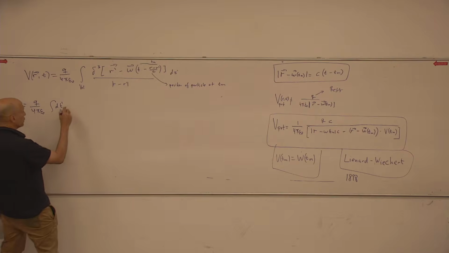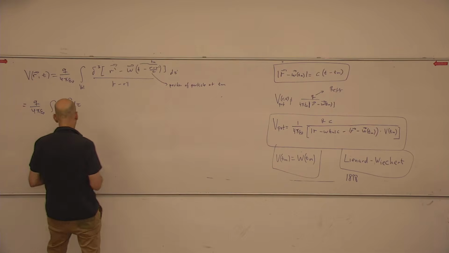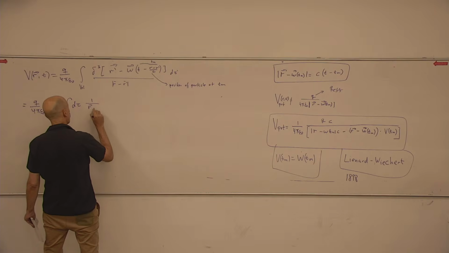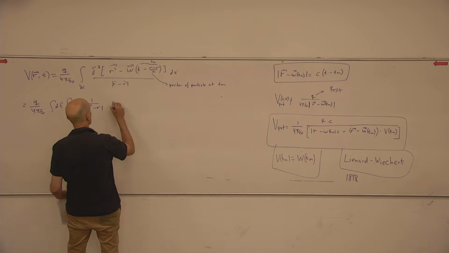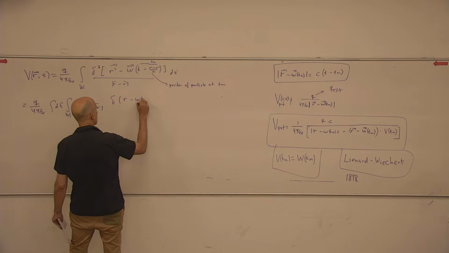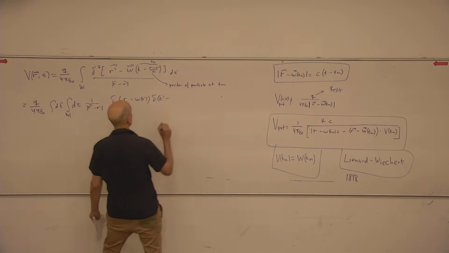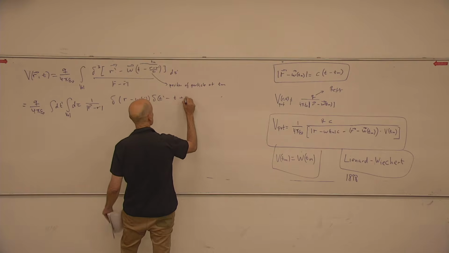So I'm adding an integration, integral d tau over the volume, 1 over the usual r minus r prime, delta function of r minus omega t prime, delta function of t prime minus t plus r minus r prime over c.